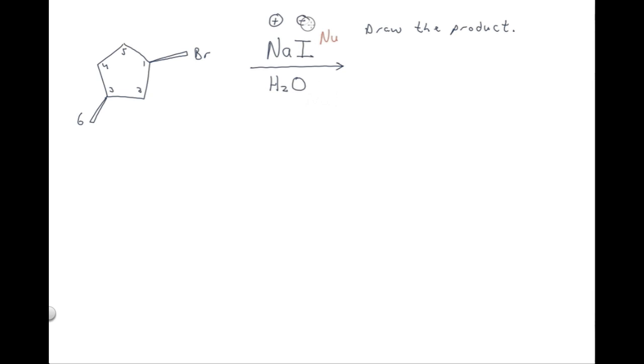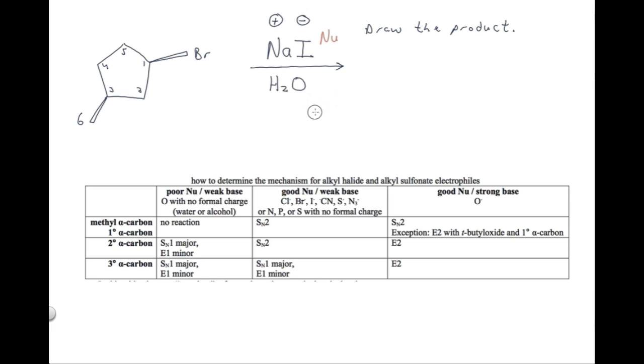So we expect the I- to be the better nucleophile than water, because I- is negative and water is neutral. And there's another way that we know that I- is a better nucleophile. We have memorized this table, and this table tells us that water is a poor nucleophile and I- is a good nucleophile. So from the table, we also know that water is a poor nucleophile, while I- is a good nucleophile. Therefore, I- is a better nucleophile than water.